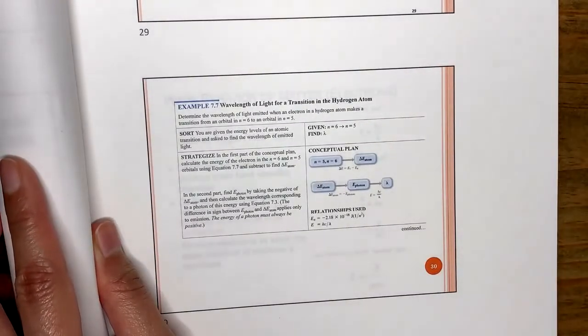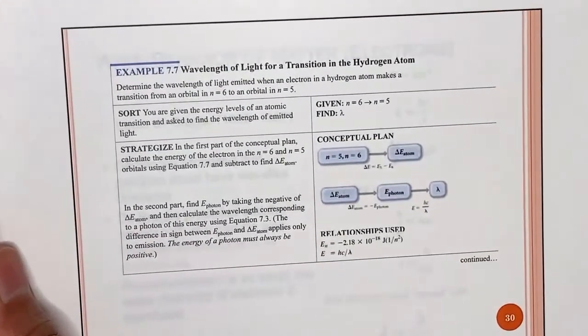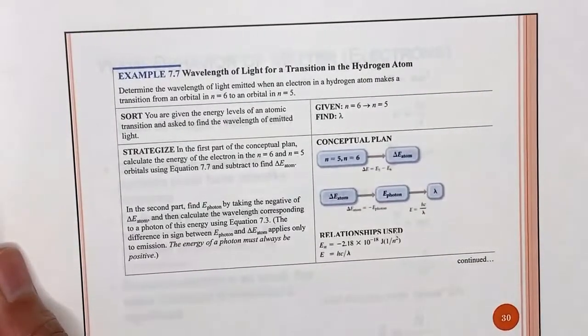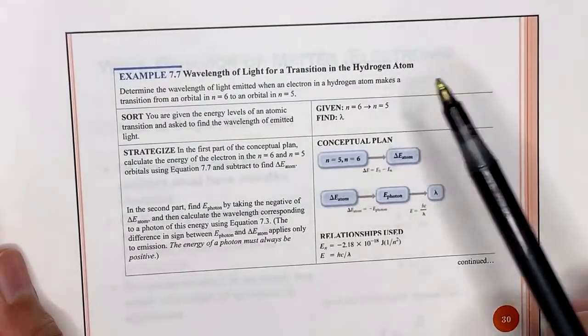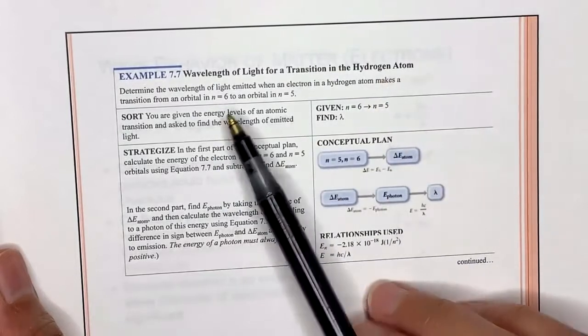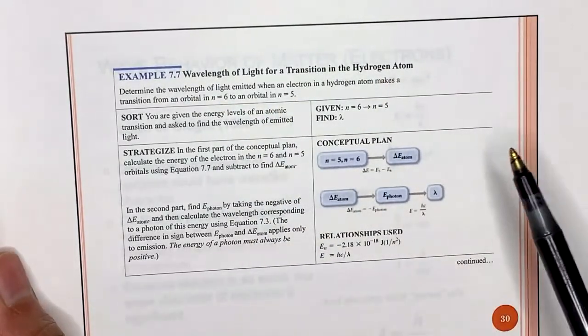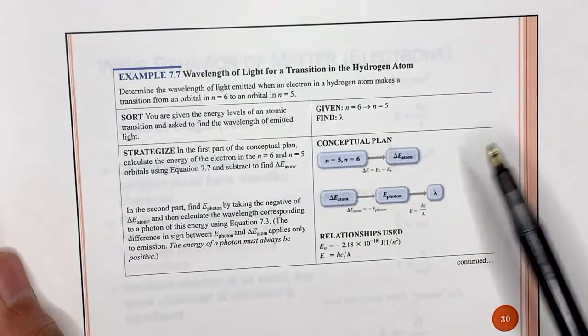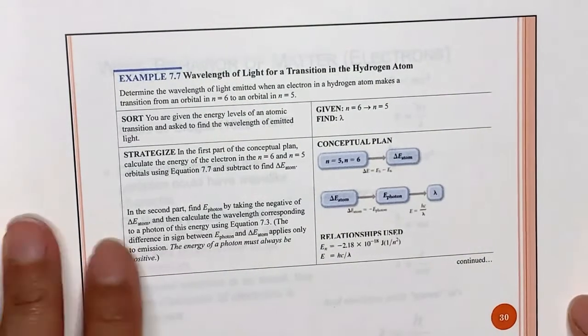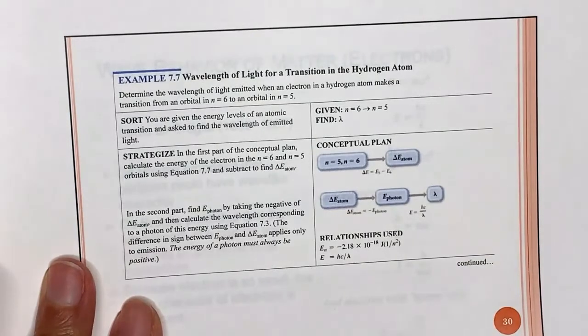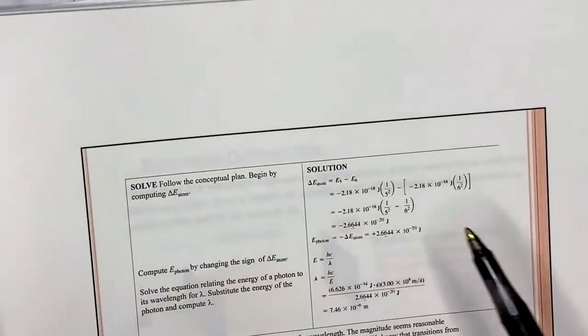So if you have to calculate, let me show you that question here. We'll zoom in a little bit. If you see this in the homework, it says determine the wavelength when you want to have emission from n 6 to n 5. So n 6 to n 5 are our levels. It's going to drop from 6 to 5, okay? So our formula is right here.